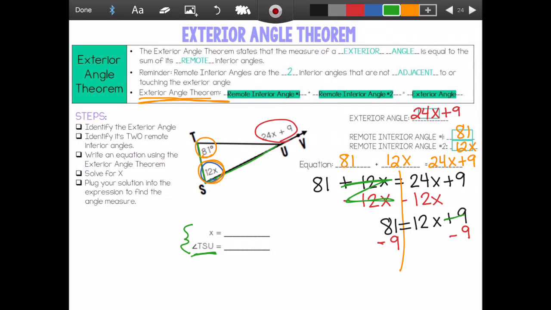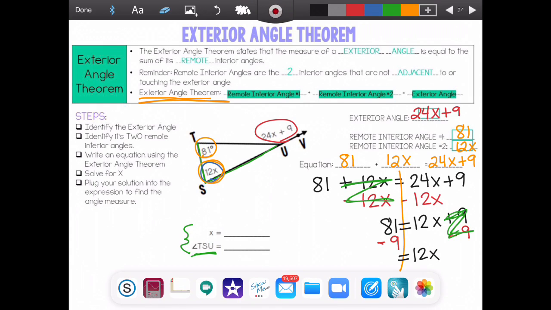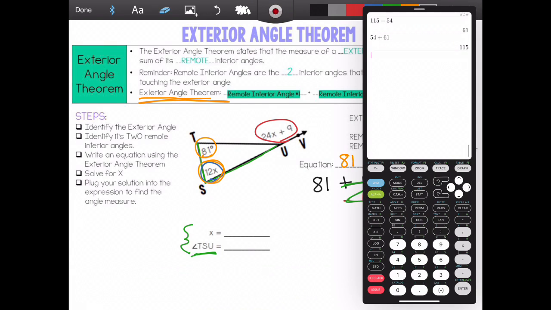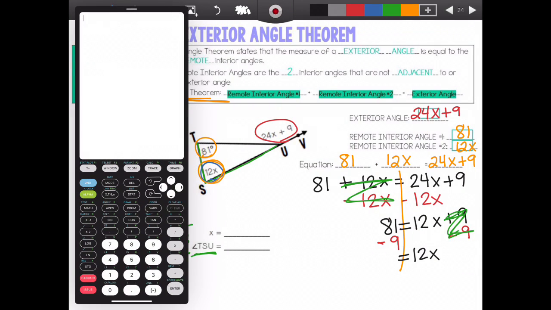Again, I get another 0 pair here. I'm left with 12x on the right equals, and 81 minus 9 again. If you're unsure, guys, just use your calculator just to double check. So 81 minus 9, I get 72.